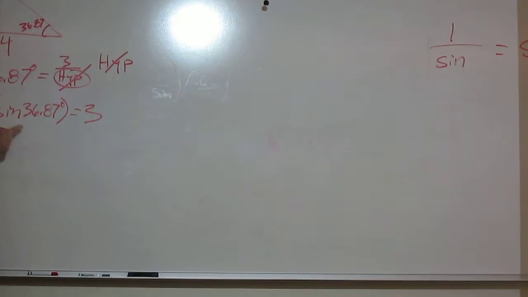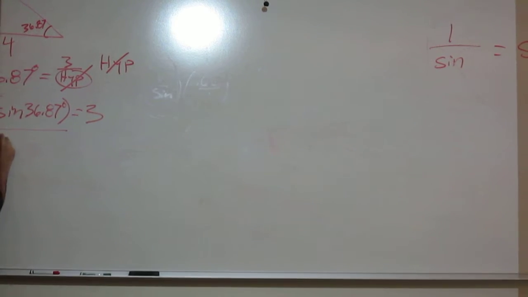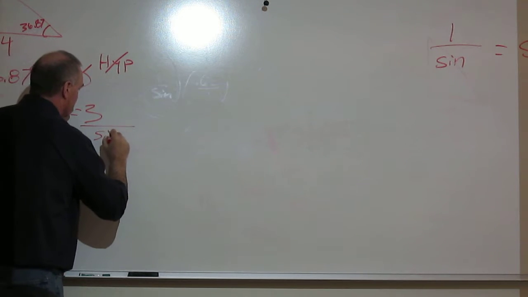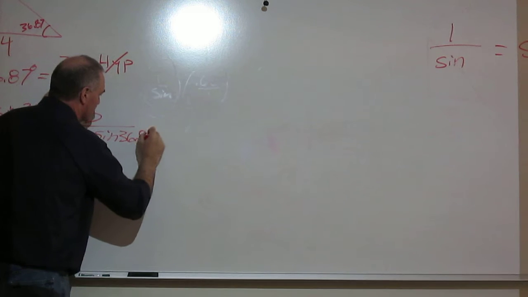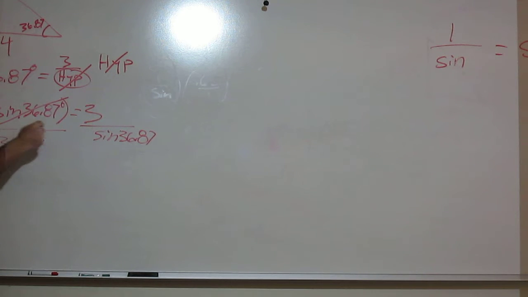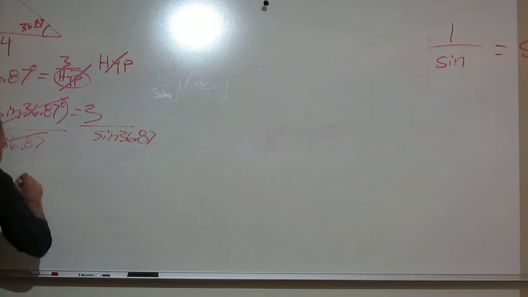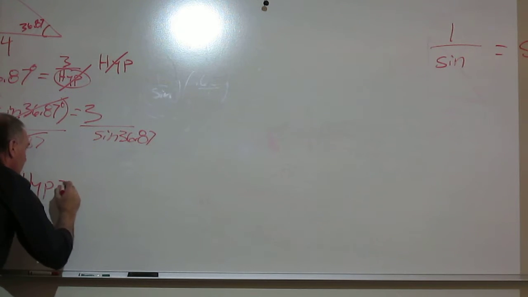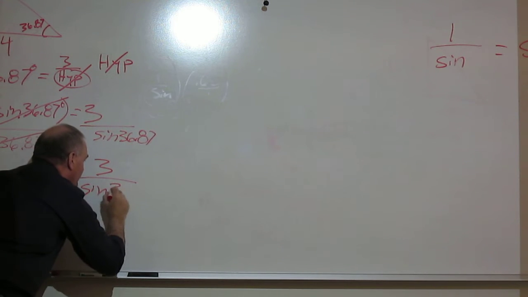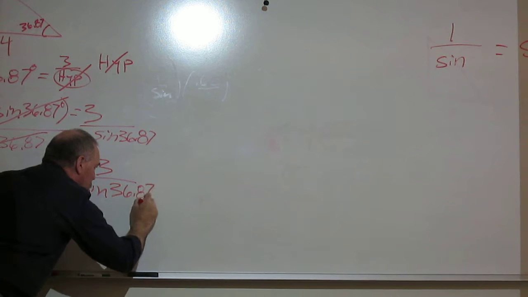Since these are times together, I need to divide. So I'm going to divide by the sine of 36.87 on both sides. That goes away. Let me rewrite this equation. My hypotenuse is equal to 3 over the sine of 36.87.